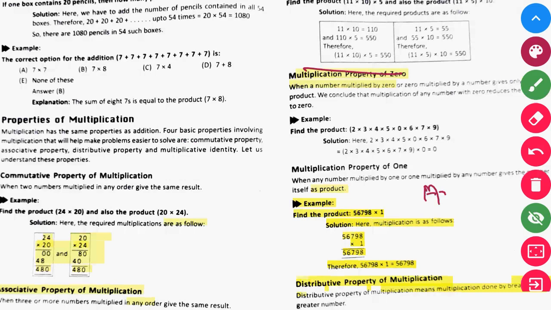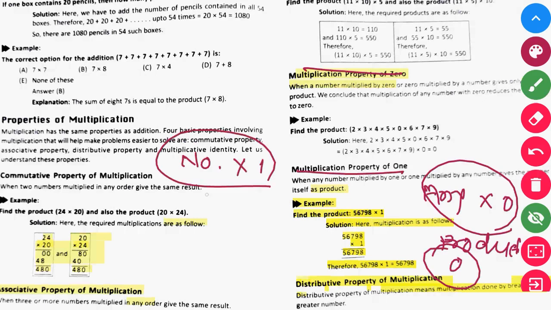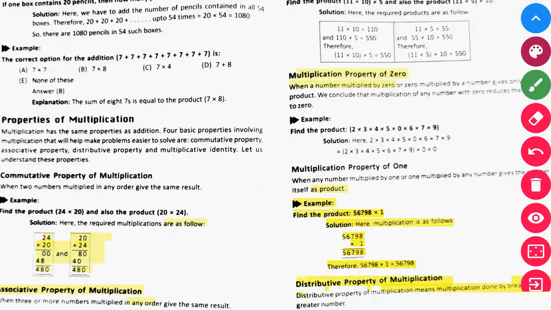If any number is multiplied with 0, then the product is 0 only. In the same way, the property of 1 is that if any number is multiplied with 1, then the result is the number itself. This is the property of 1, and this is the property of 0 we saw.